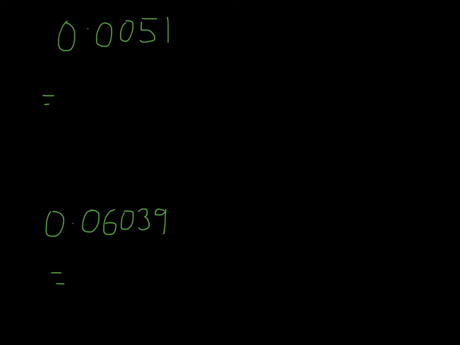You'll see these decimal numbers are in standard form. We want to get these into scientific notation. So yet again, scientific notation, number between 1 and 10 times by a power of 10. In this case, the first one, we can move the decimal 1, 2, 3 places to create a number between 1 and 10.